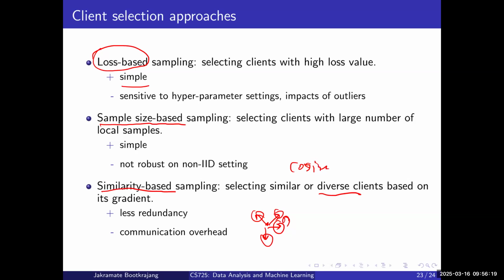So if you want to use the similarity-based approach, you use cosine similarity to compare two gradients. It gives you the angle between them, and then you want to make sure that the angle is far apart for the entire cohort that you pick.